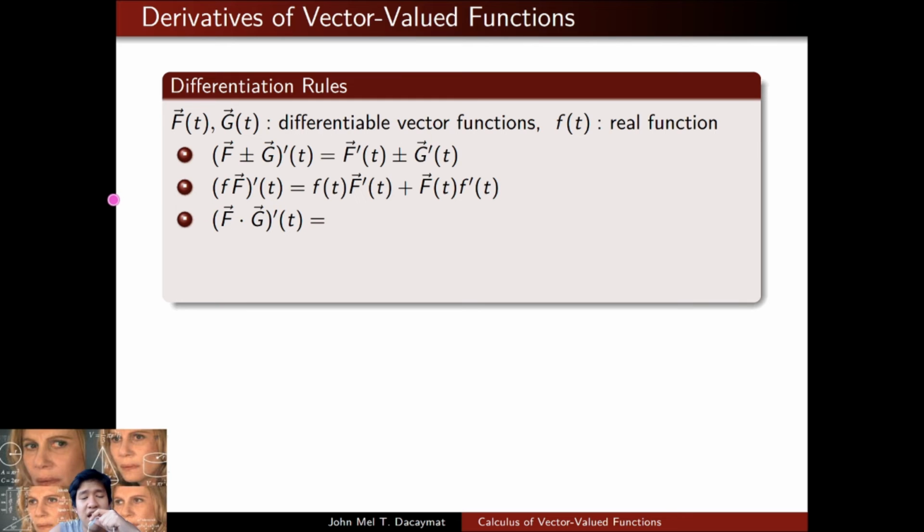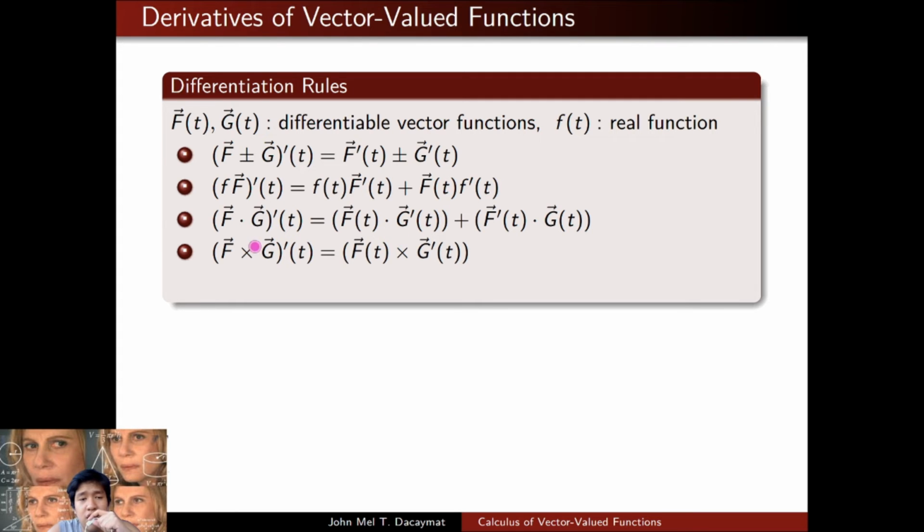It is very similar for the dot product; you just replace the product with a dot product. So the answer is: copy the first, dot product with the derivative of the second, plus the derivative of the first, dot product with the second. For the cross product it is very similar: first cross product with the derivative of the second, plus the derivative of the first cross product with the second.